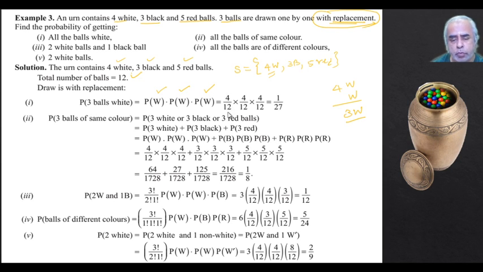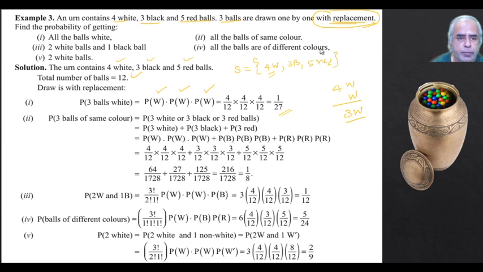So it means 4 by 12, 4 by 12, 4 by 12. Or you can put 4 by 12 as 1 by 3, 1 by 3, 1 by 3, that is 1 by 27. So this is the way you have to do whenever you come across this word, with replacement.